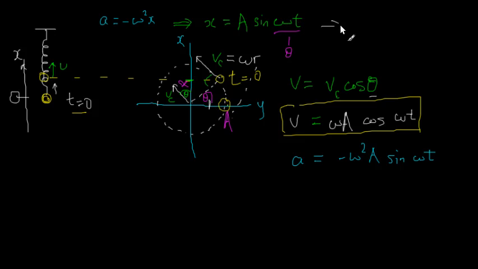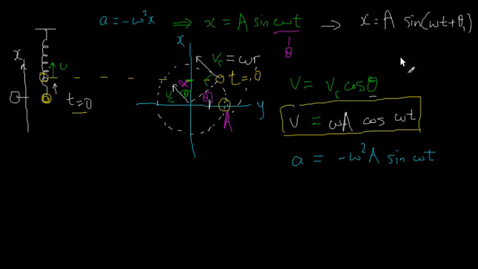So I can modify this quite simply by adding a theta 1 here. So you see, when t is 0, I have sine theta 1, which agrees with this angle.